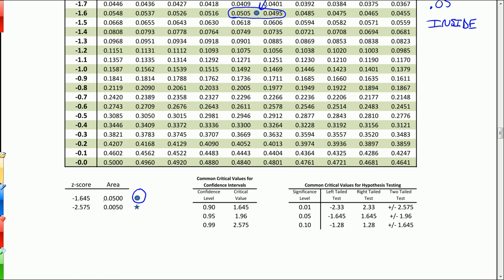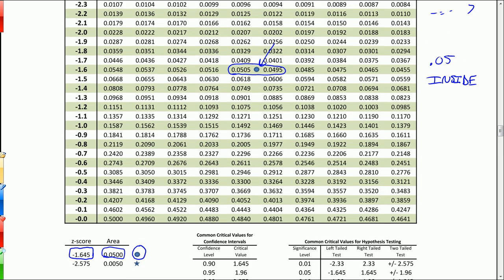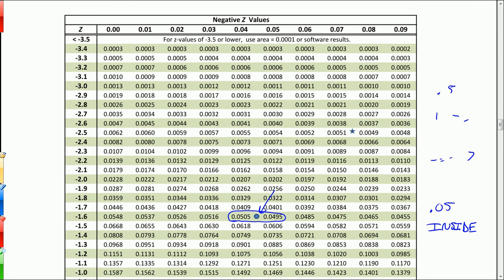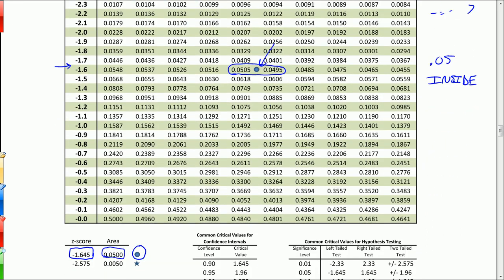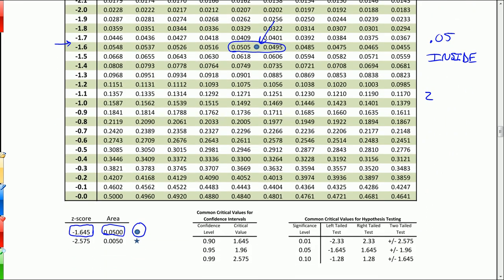It has an area to the left of 0.05, but more importantly, the z-score you're looking for is negative 1.645. That should make sense because it's negative 1.6, and between 4 and 5.